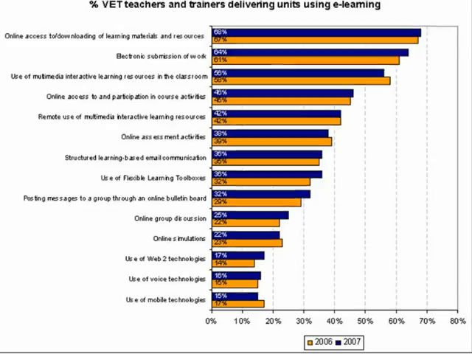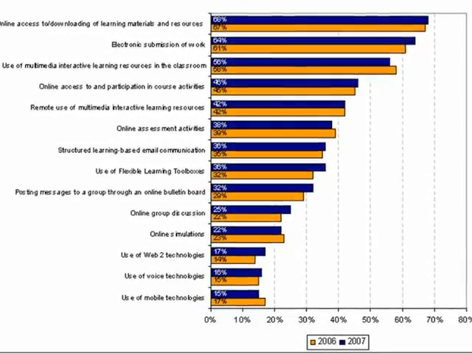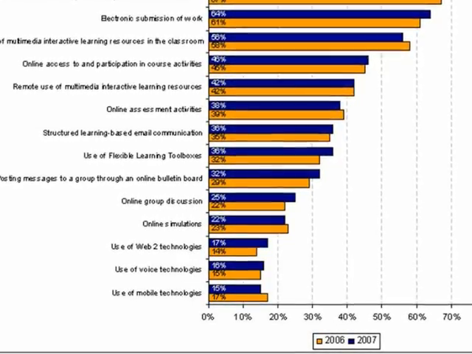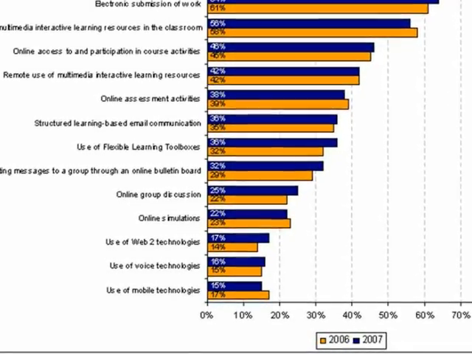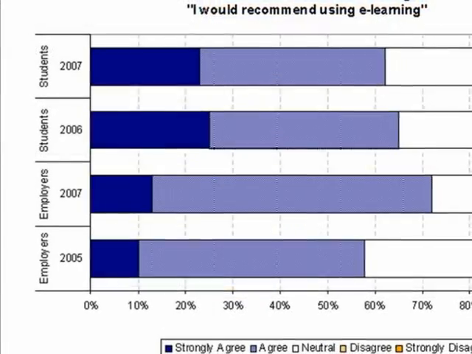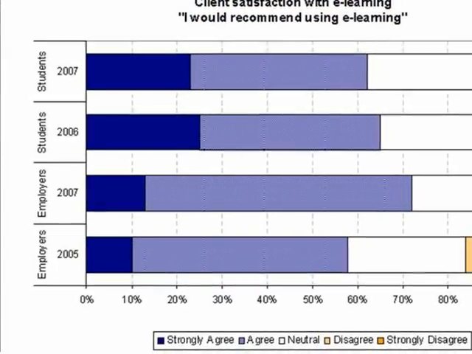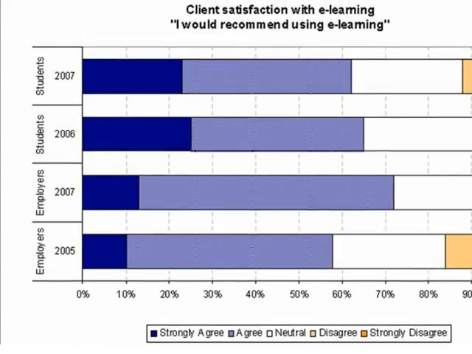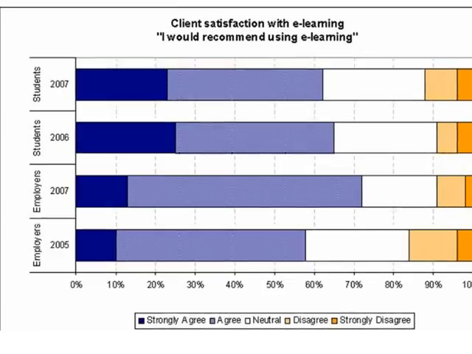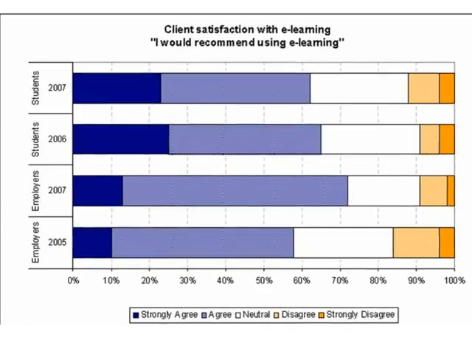This slide shows the percentage of VET teachers and trainers who report delivering units using e-learning in 2006 and 2007. The survey shows that approximately 2/3 of both students and employees are satisfied with the use of e-learning and would recommend the use of e-learning to others.